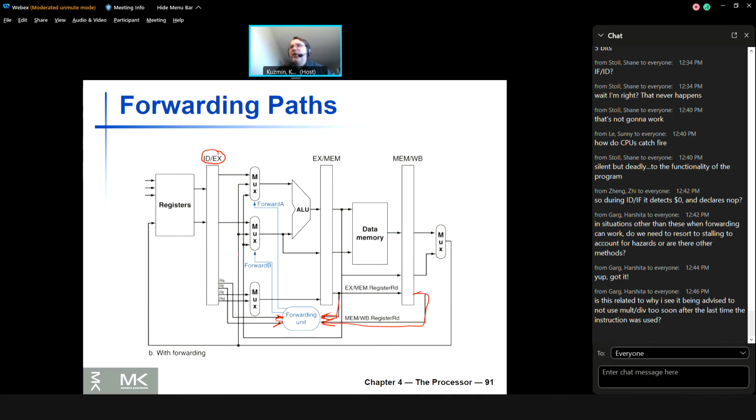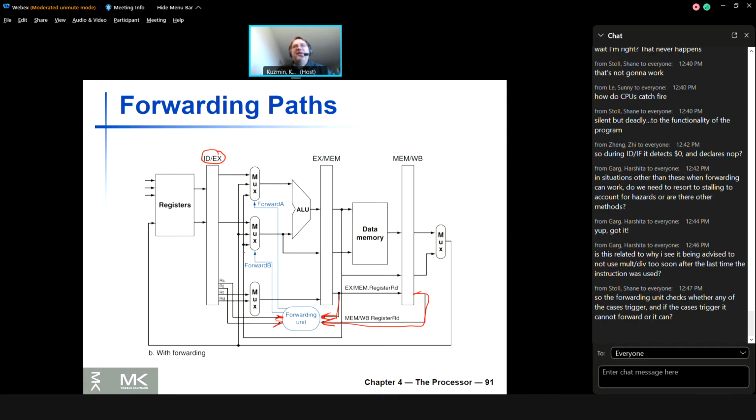Is this related to why I was advised to not use mult or div too soon after the last time the instruction was used? I'm not sure. If you give me a little bit more context, like who you were advised by, and maybe a specific example, that would make it easier.